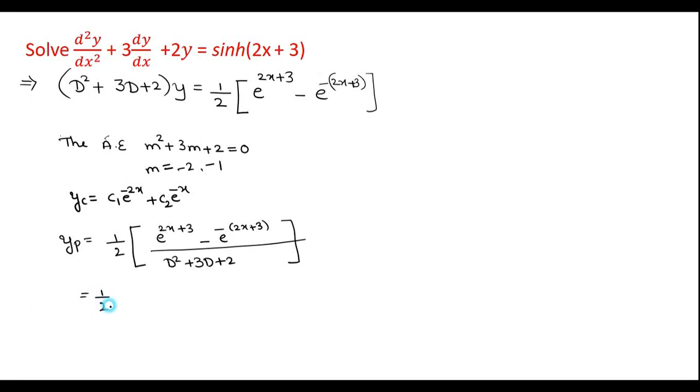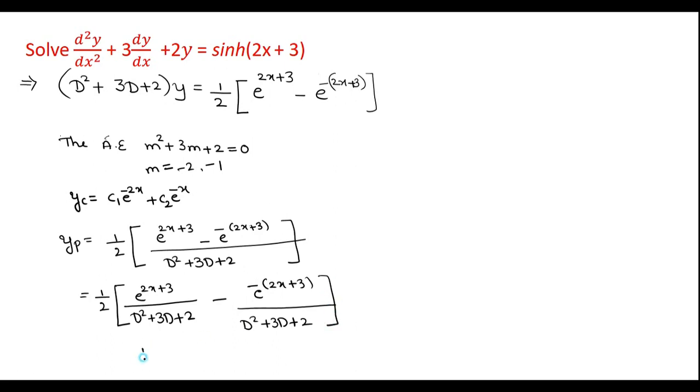It is e raised to 2x plus 3 divided by D square plus 3D plus 2 minus e raised to minus 2x plus 3 divided by D square plus 3D plus 2. Let me take this as P1 and this as P2.